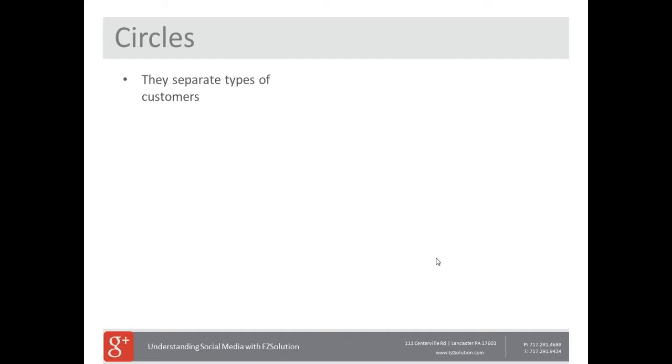For example, you could post information on health insurance to your health insurance clients if you have that circle set up. Another example is sending out different promotions. You might have new customers that you're trying to get, and you're going to send them one type of promotion. Existing customers or loyalty, you want to do a different type of promotion, so that would allow you to do that.